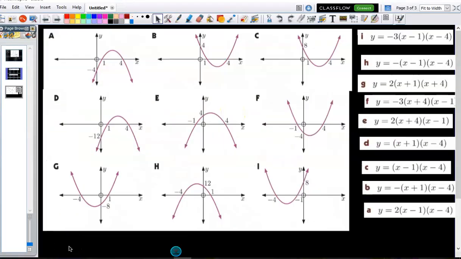And I'm looking at Cooper because he just did this one where he decided to start with A. You want to talk us through it? We looked at the x-intercepts first, and then we crossed out the ones without 1 and 4, so it couldn't be that one, because it's not 1 and 4.